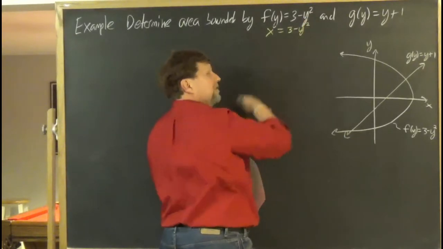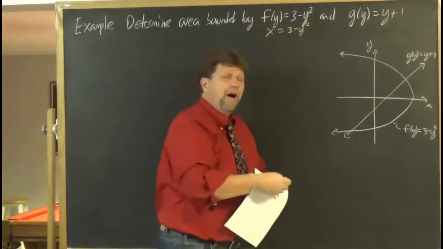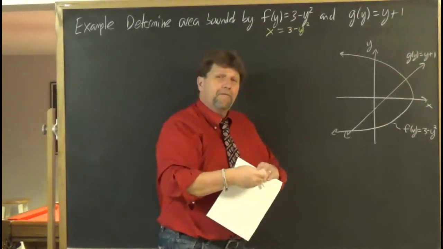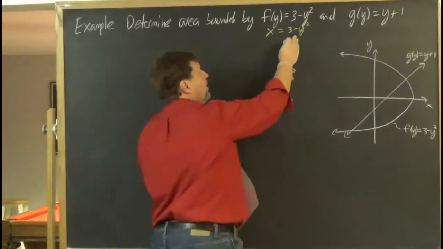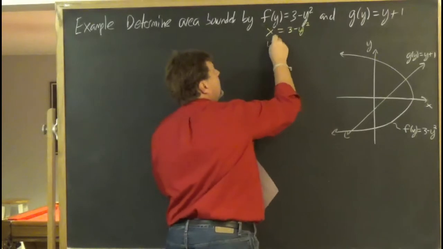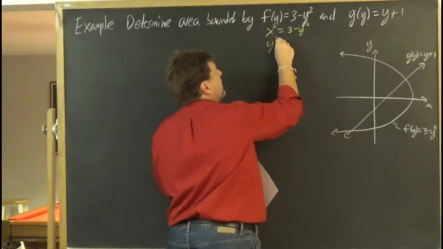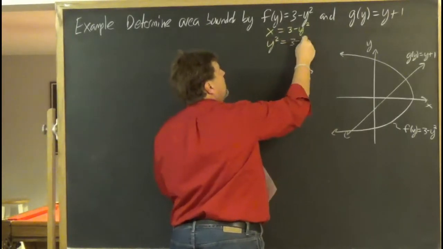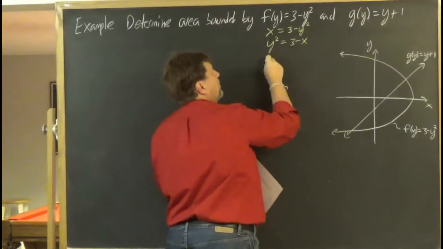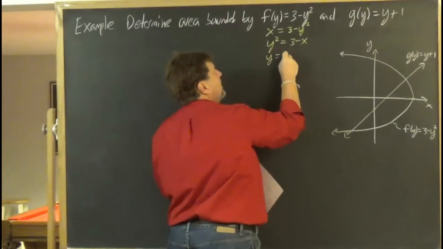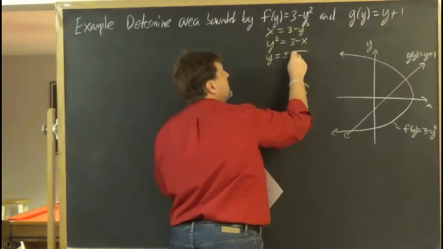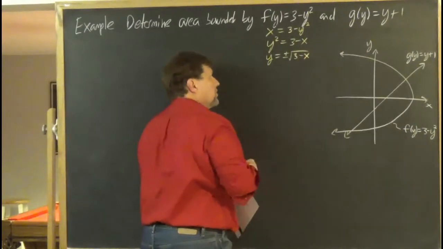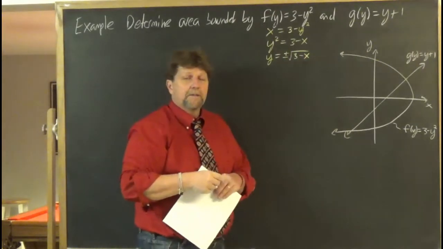I can now solve this equation for y to turn it into functions of x. Y squared equals 3 minus x. Take the square root of both sides: y equals plus or minus the square root of 3 minus x.